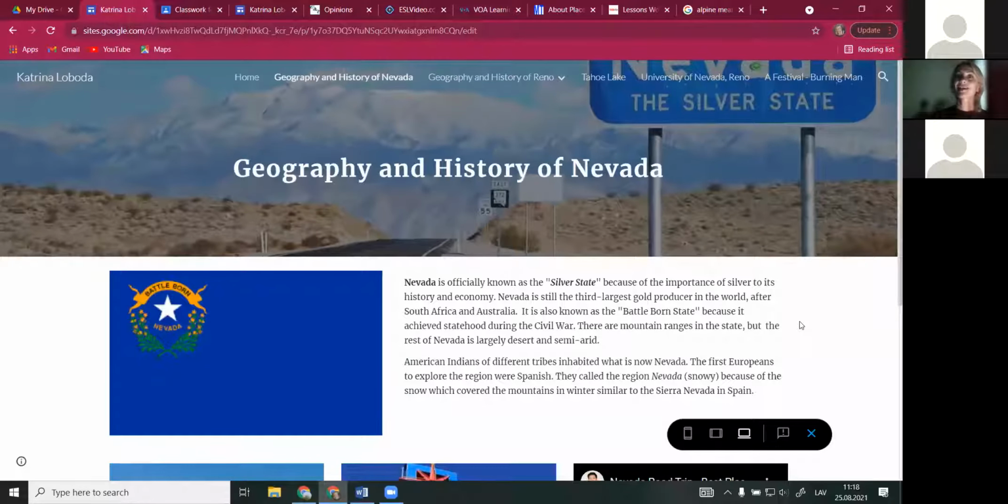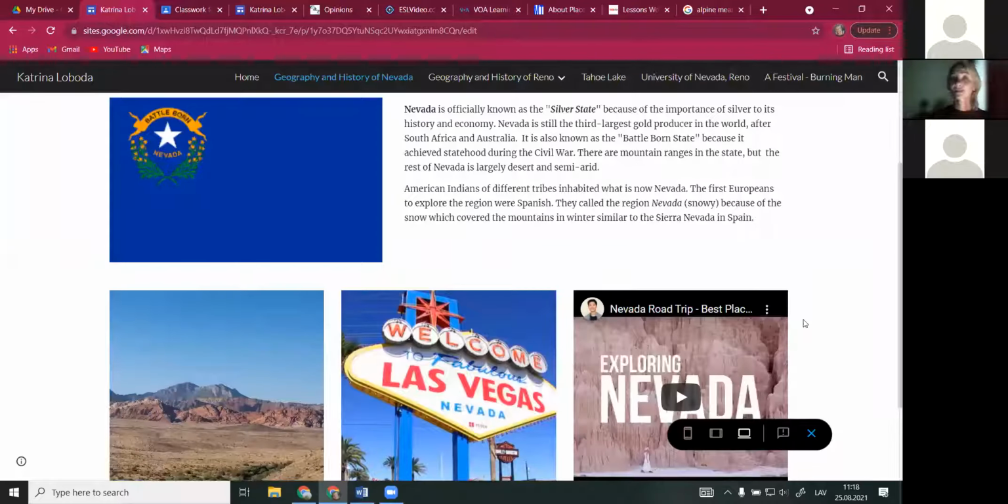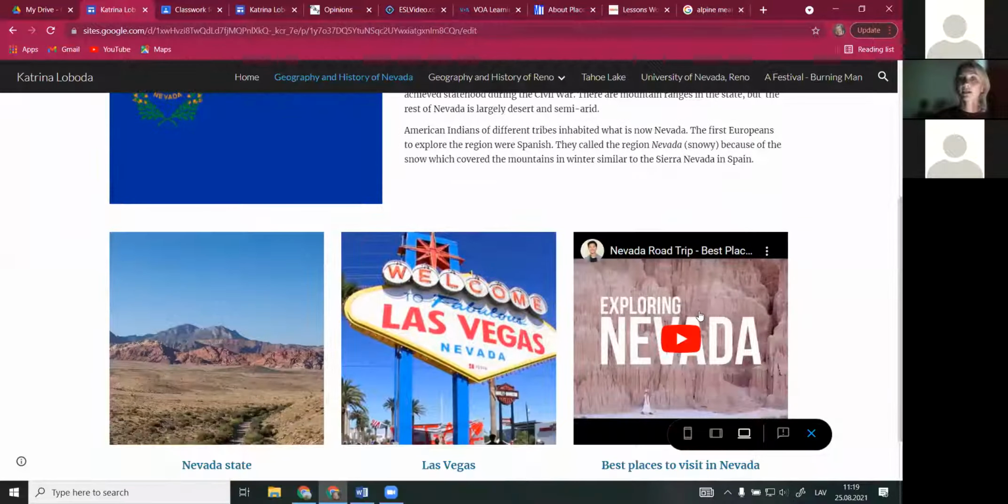And here I have included the facts which I found pretty interesting: that Nevada state has got its nickname Silver State because of the importance of silver to its history and economy, and that previously the territory of Nevada was inhabited by American Indians, and the first Europeans who came here to explore the region were Spanish, and they called the region Nevada, snowy, because of the snow which covered the mountains in winter, similar to Sierra Nevada in Spain.